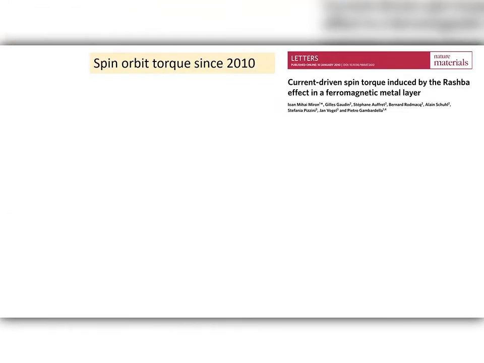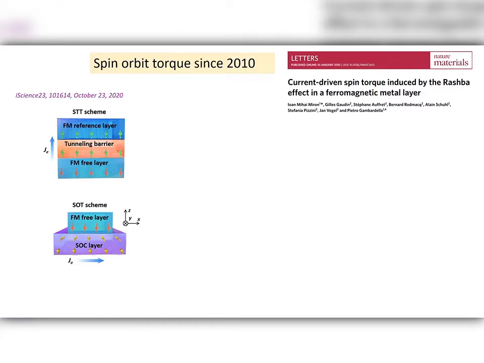For more than 10 years, a new effect is on board, spin orbit torque, which works the following. In contrast to the spin transfer scheme, you have here a non-magnetic layer where the current runs through, and via spin orbit effect it transfers spin polarization into the free layer and can switch it.